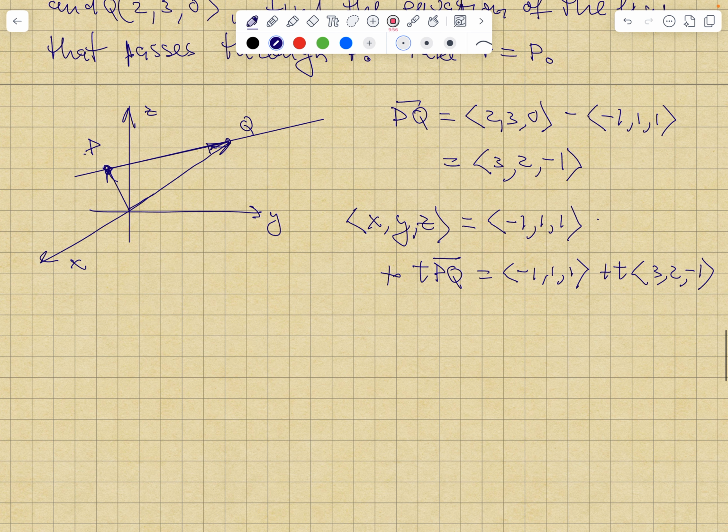And so then a parametric equation of the line will look like x equal to -1 plus 3t, y is equal to 1 plus 2t, and finally z is 1 minus t. So these are your parametric equations of the line.